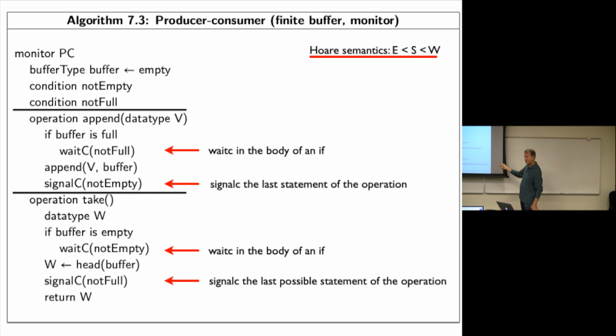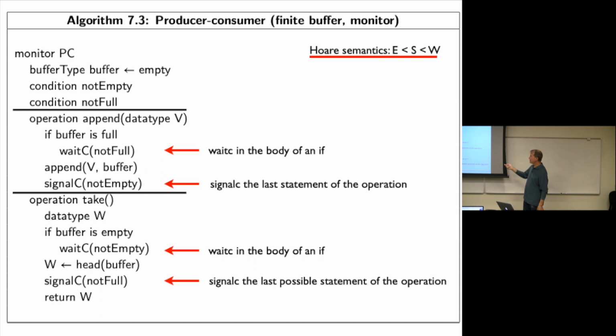Wait C not full. So if it is full, what will happen? Wait C always does what? It always blocks, right? That's the difference between wait for a semaphore and wait for a monitor, right?